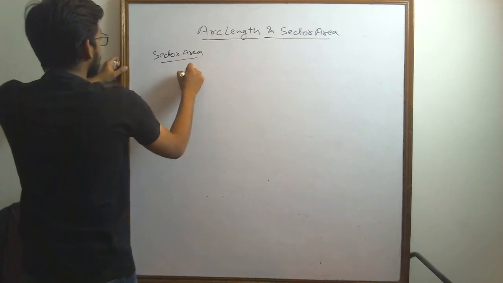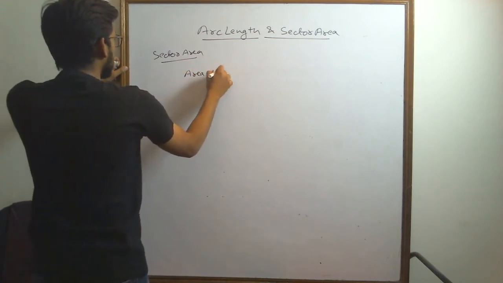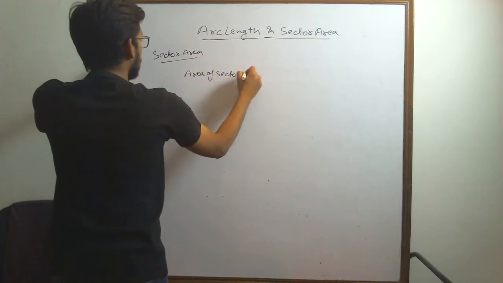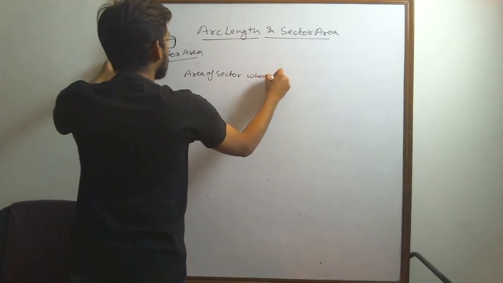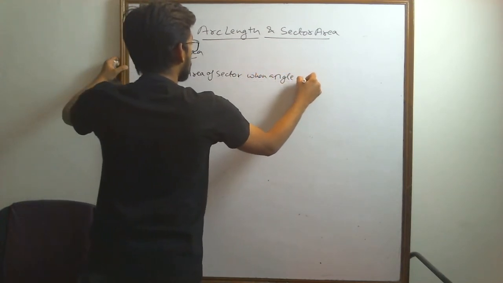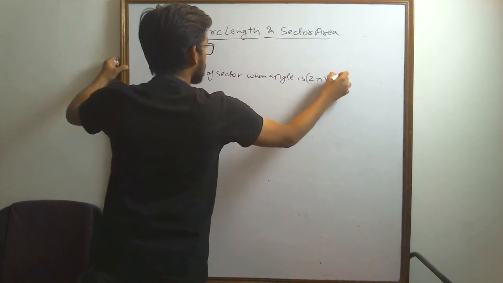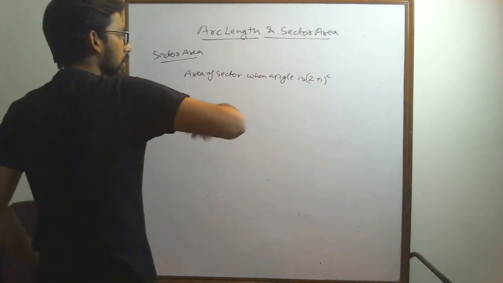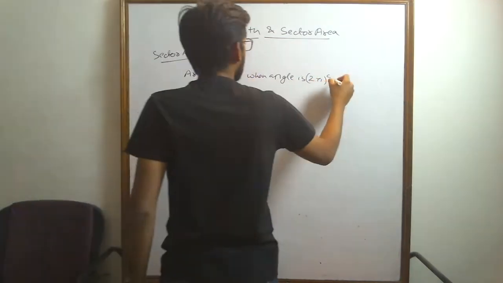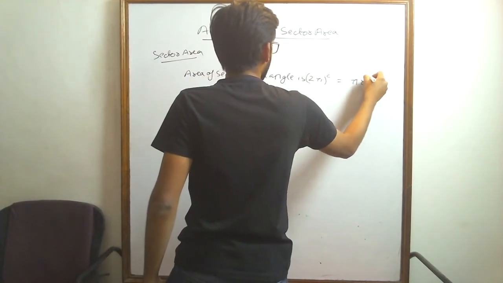So, the area of sector when angle is 2 pi radians, that means the whole circle is a sector, the area will be pi r square.